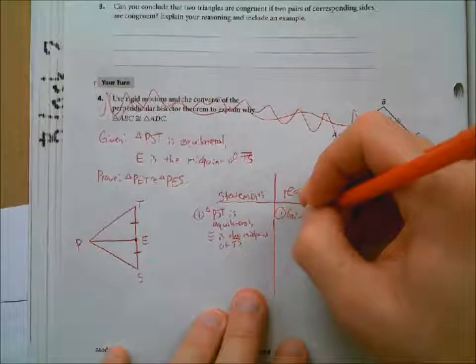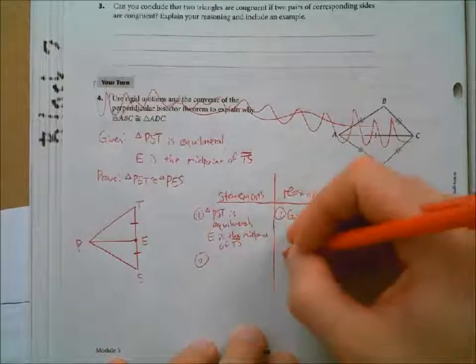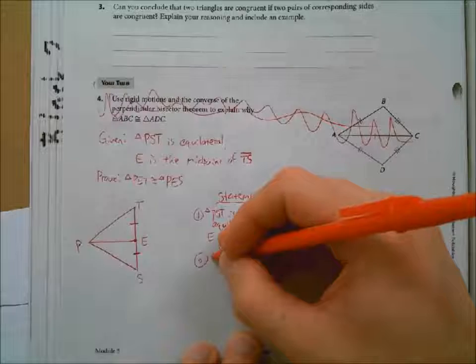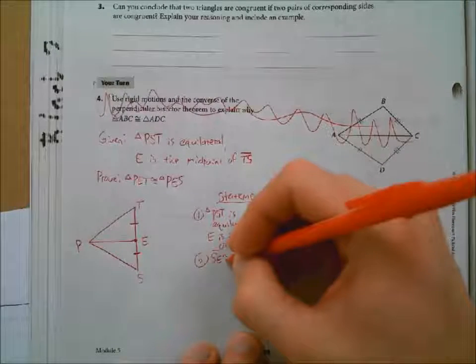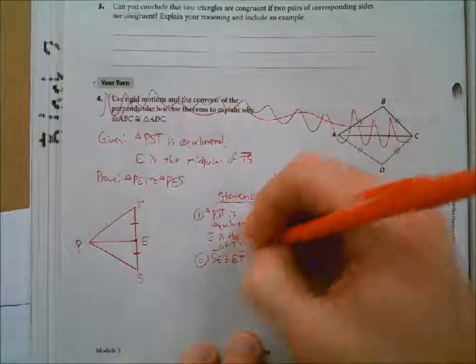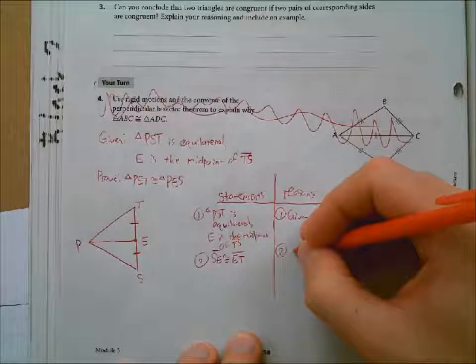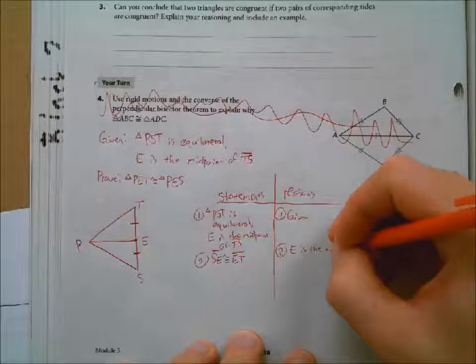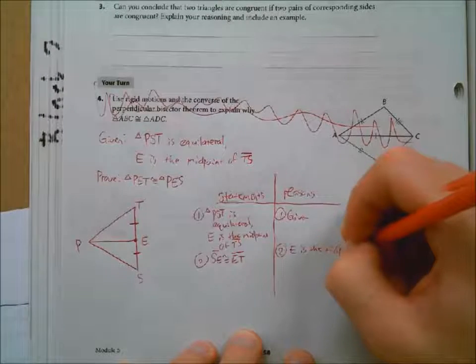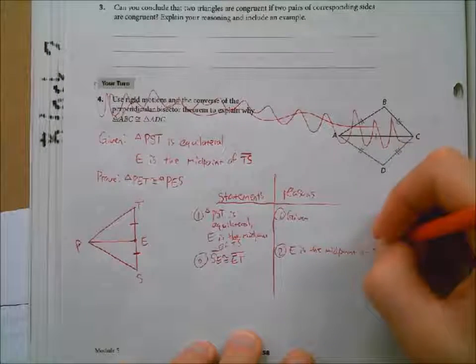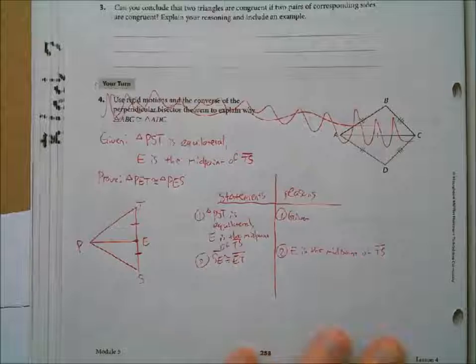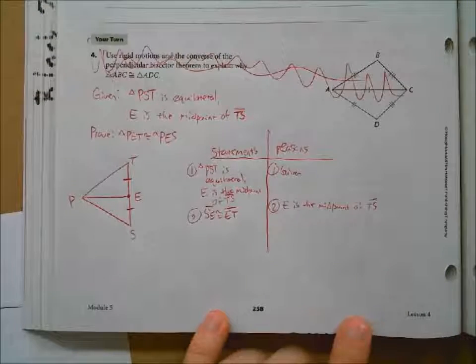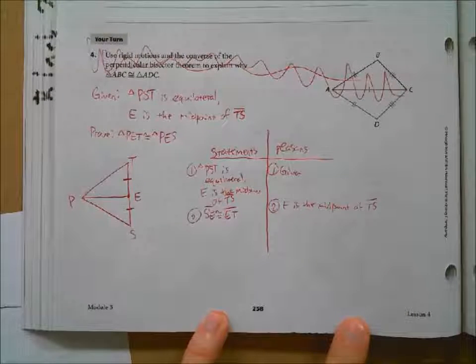And so Jenny just said we could say that SE is congruent to ET, and that's because E is the midpoint of TS. Or you could also just use the definition of midpoint there if you wanted to. So there's one congruence, and we use that E is the midpoint, given information.